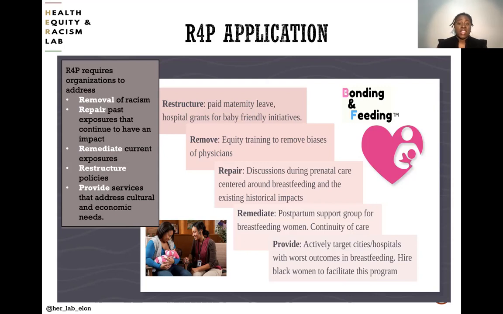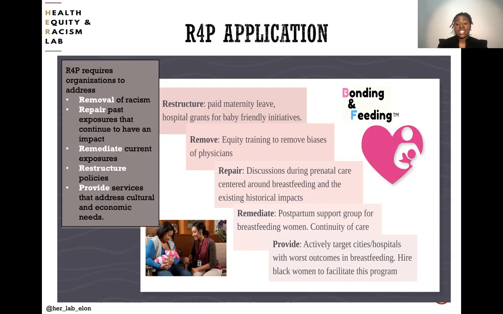And then also that factored in paid maternity leave, as well as hospital grants and baby-friendly initiatives, that they were bringing this program with all these different components across the restructure, remove, repair, and remediate to a city that actually has worse outcomes in breastfeeding, so that they are making this program attainable for those disparate populations.